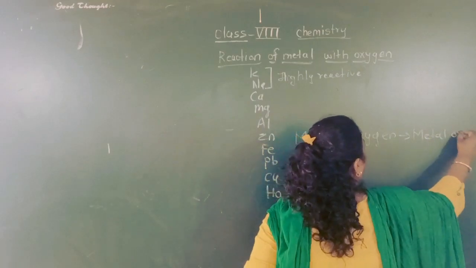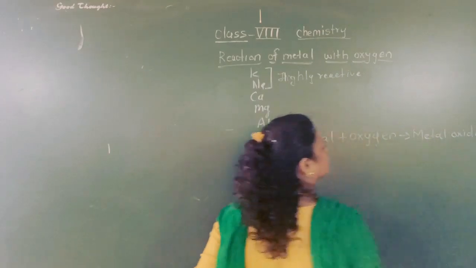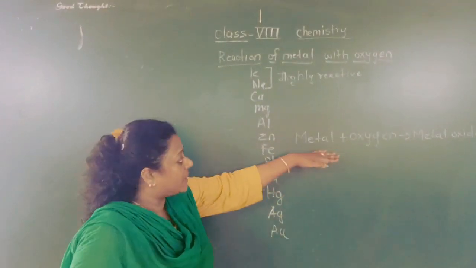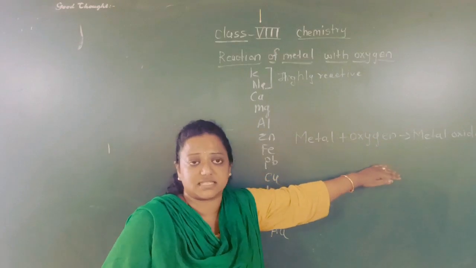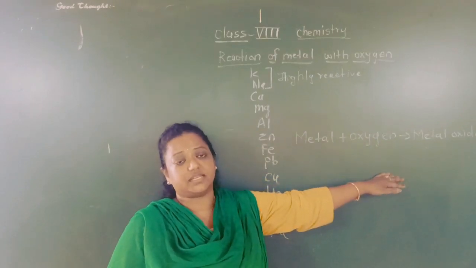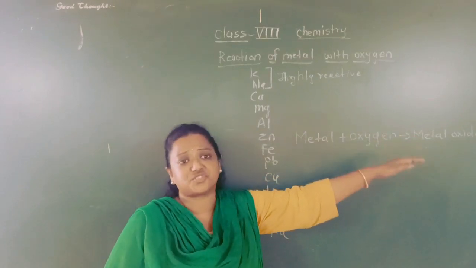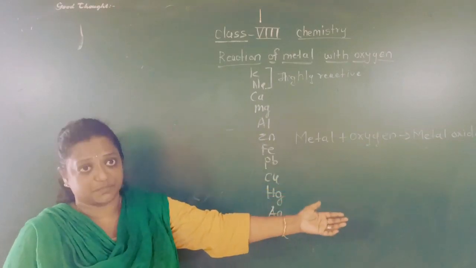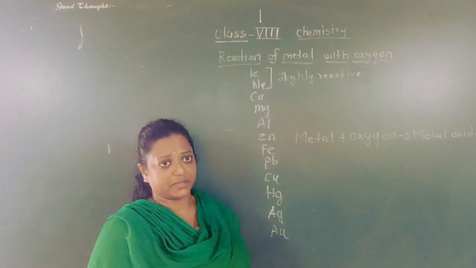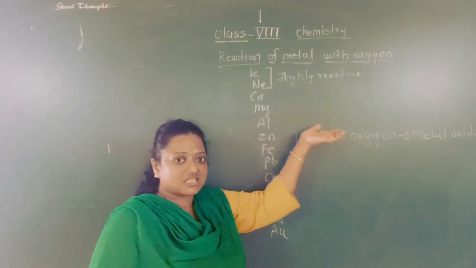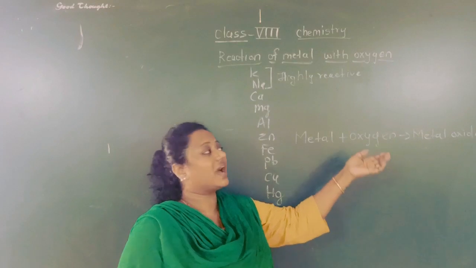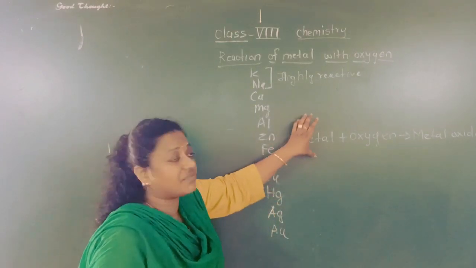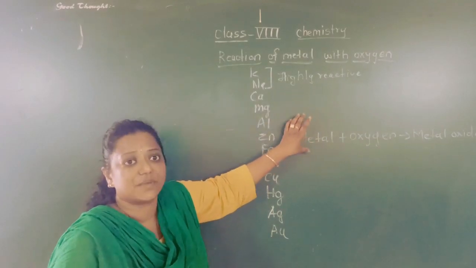Whenever any metal reacts with oxygen, either in the presence of slight heat, or strong heat, or even with steam, whatever the form may be, when a metal reacts with atmospheric oxygen, they form metallic oxides. This is a very important thing that you must keep in mind.